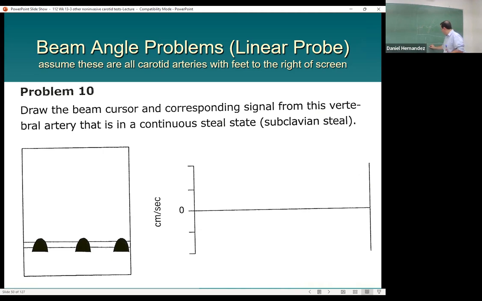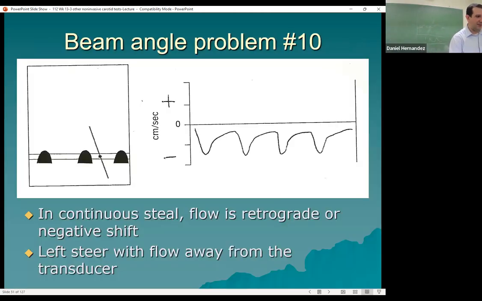So a normal vertebral would be below the baseline if I was angled in that direction. But since we're saying there's a subclavian steal, complete and retrograde, blood flow is now coming towards my transducer, which would create a positive shift. So my Doppler waveform would be above the baseline in a patient who had a steal syndrome, if I was angled in that direction.